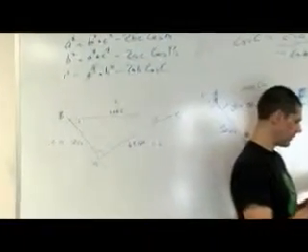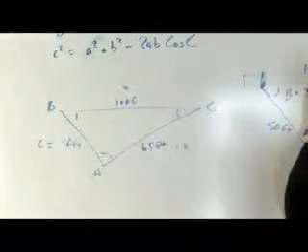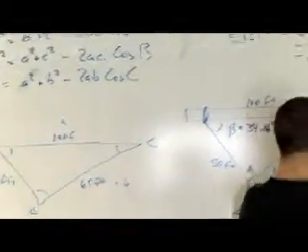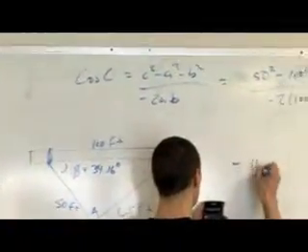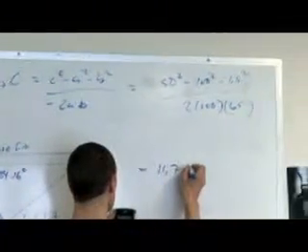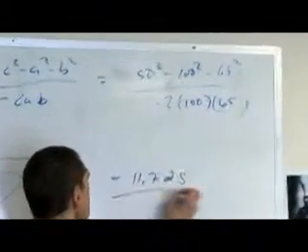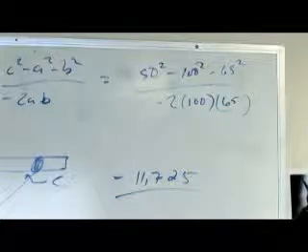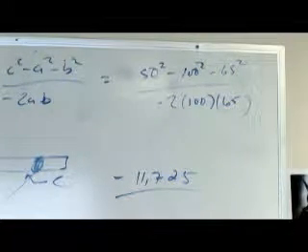Now I'm going to use my calculator. I'll figure out the top first. 50 squared minus 100 squared minus 65 squared. This is minus 11,725, divided by 2 negative times 100 times 65.